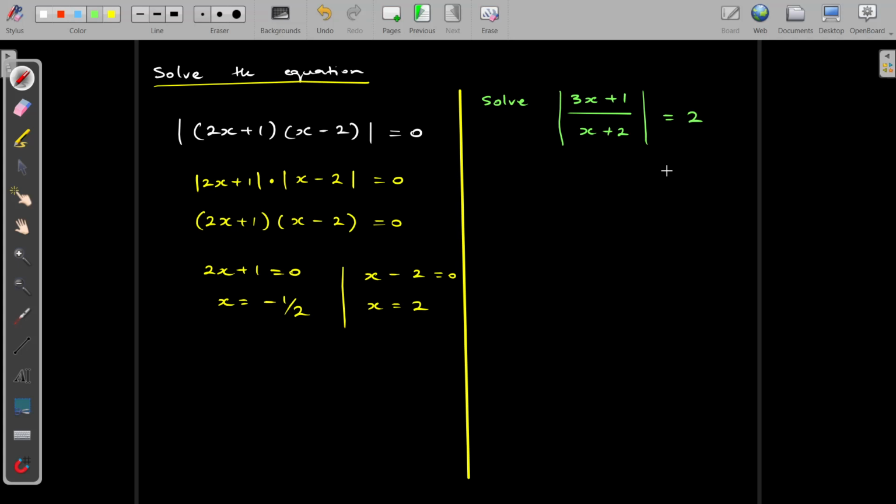So whenever we're dropping the modulus symbol, we can multiply by the square of the denominator, or we can do this the old-fashioned way to say that the modulus in this form is the same thing as the modulus of 3x plus 1 over the modulus of x plus 2, and that's equal to 2. So that's how we can treat it.